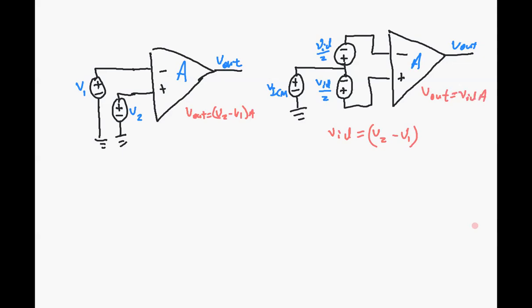And VICM, the input common mode voltage, is the average of the two input voltage sources. You could think of this split arrangement as more abstract, but actually it's probably more concrete and more normal than the way of thinking that we have two separate power supplies.